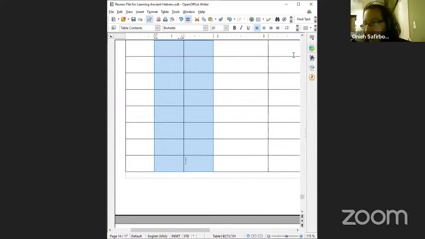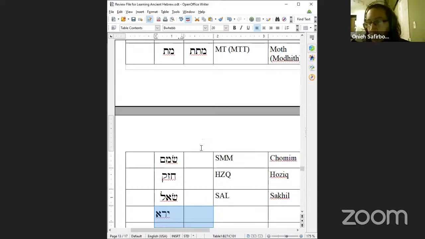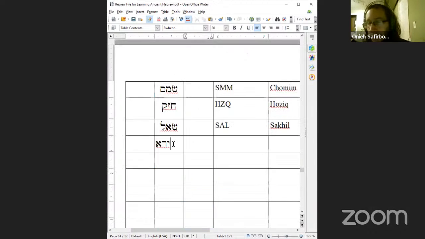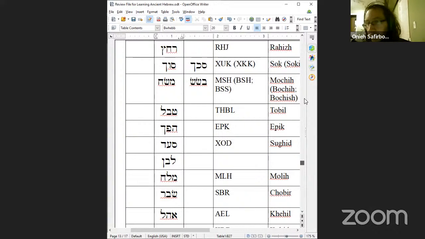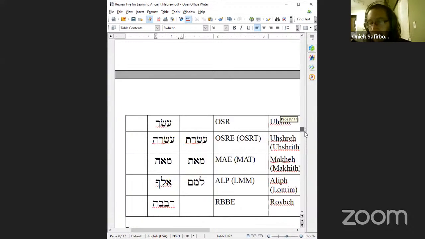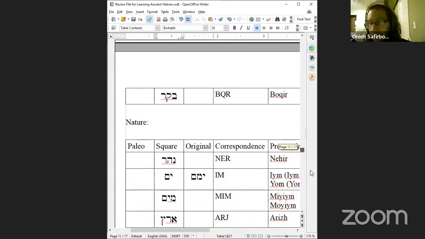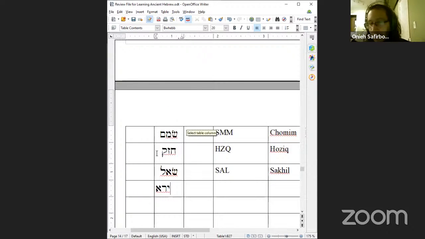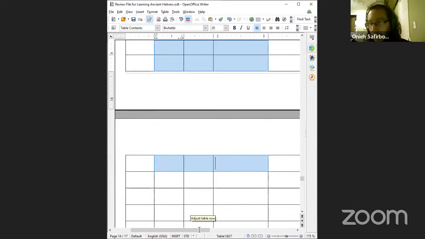I do the bigger font for the Hebrew. 20 versus regular Times New Roman is, oh, come on. Regular Times New Roman is 12. Looks like I have the Hebrew ones centered.